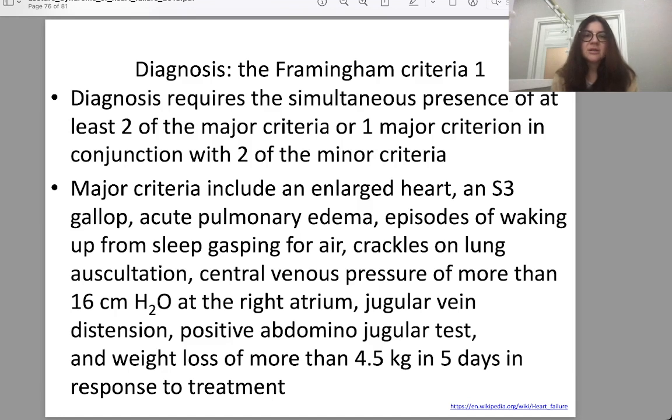Major criteria include an enlarged heart, S3 gallop rhythm, acute pulmonary edema, episodes of waking up from sleep gasping for air, crackles on lung auscultation, central venous pressure of more than 16 centimeters of water in the right atrium, jugular vein distension, positive abdominojugular test, and weight loss of more than 4.5 kilograms in 5 days in response to treatment.